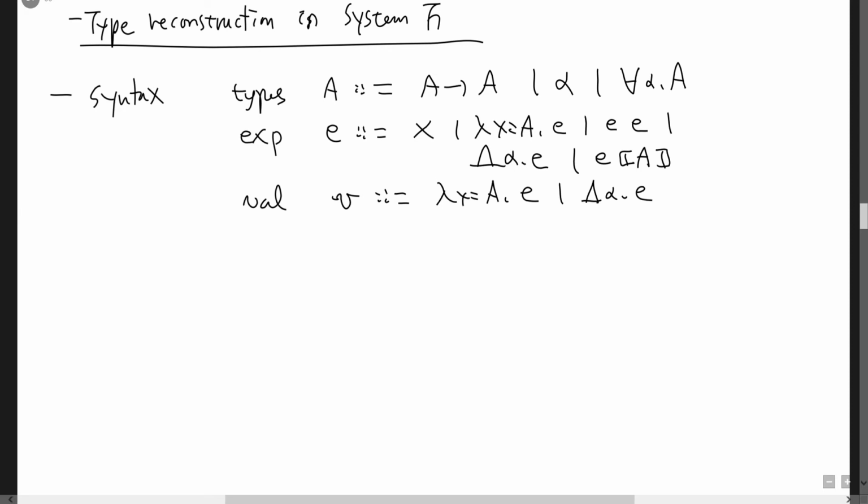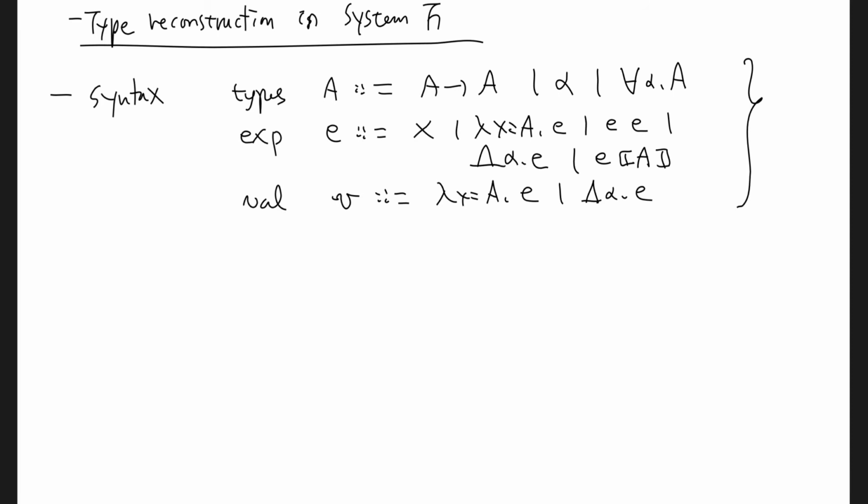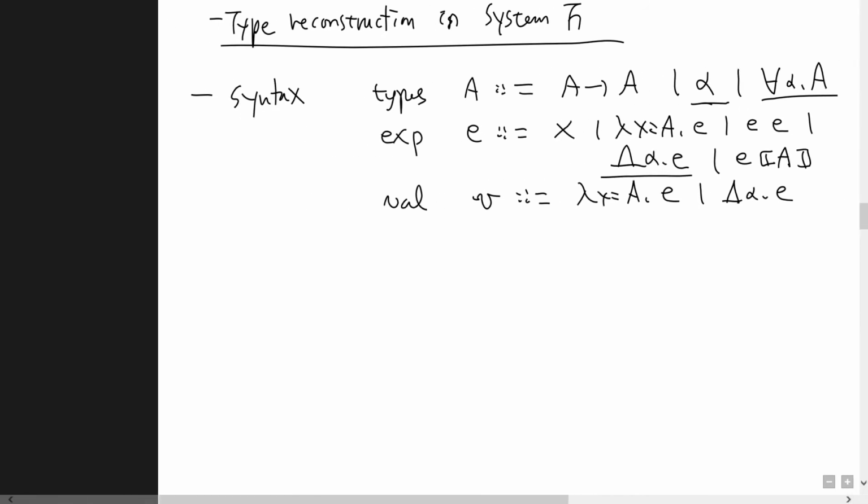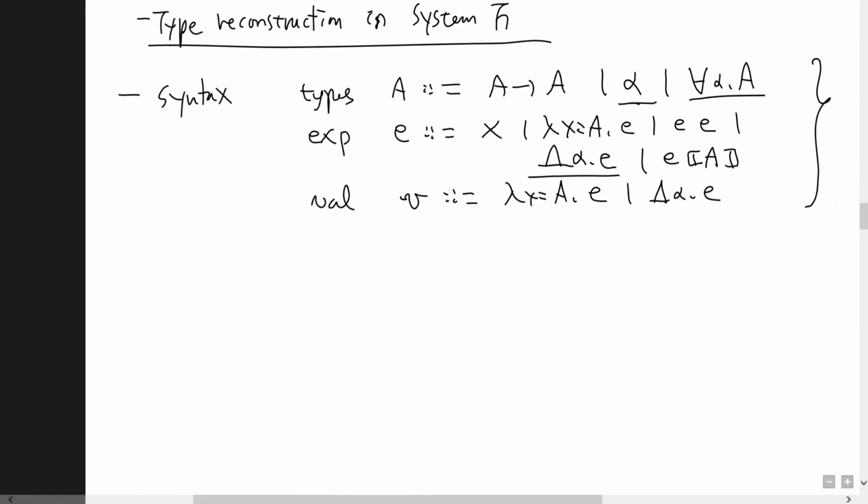So this is the syntax for System F. In comparison with a simply typed lambda calculus, we have this type variable and polymorphic type, and this type abstraction, and this type application.